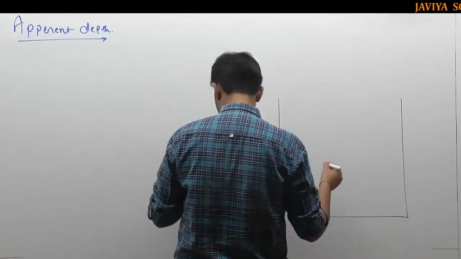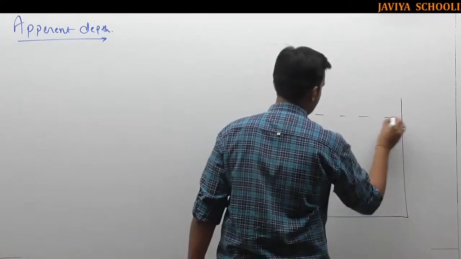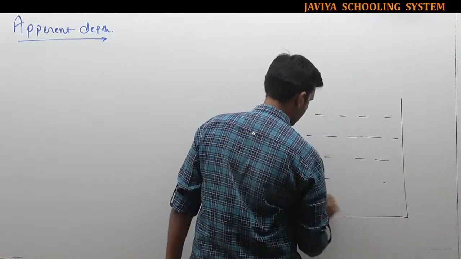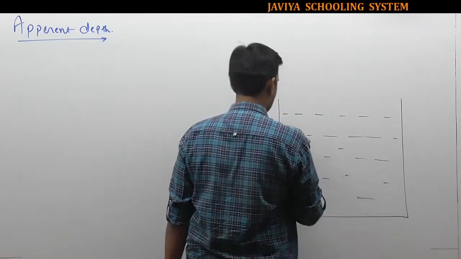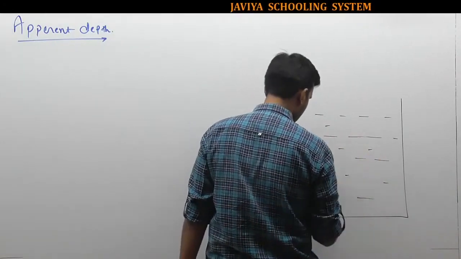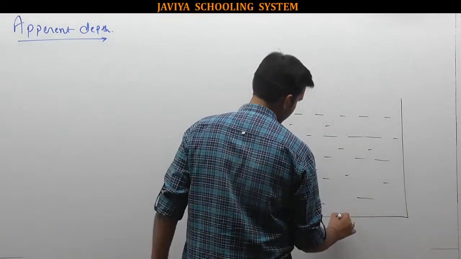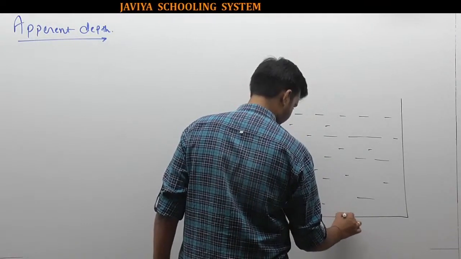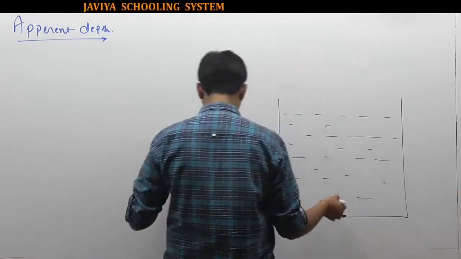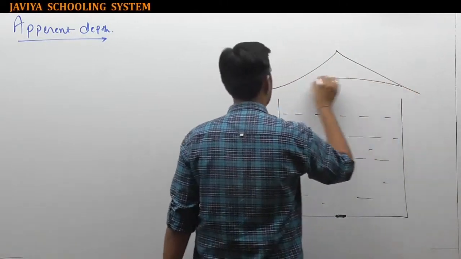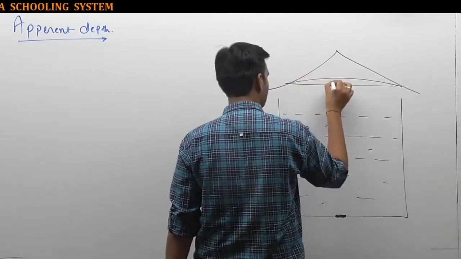Consider this, we have a water filled tank, and here we have an object, a coin one can say, and from here we are observing. So this is an eye.